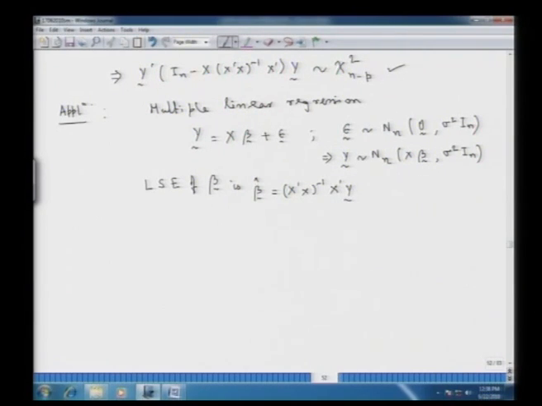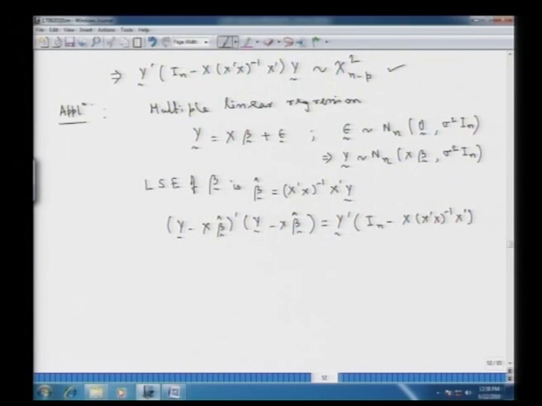Now if we look at the quantity y minus X beta hat transpose y minus X beta hat, this is the residual sum of squares at the least squares point. So we can replace beta hat by X transpose X inverse X transpose y. It is easy to see that this reduces to y transpose In minus X, X transpose X inverse X transpose y.